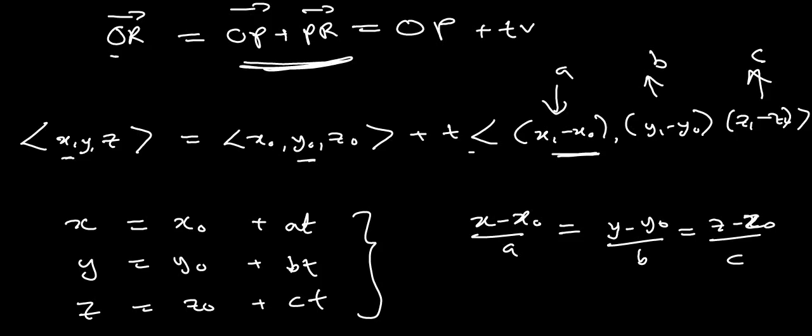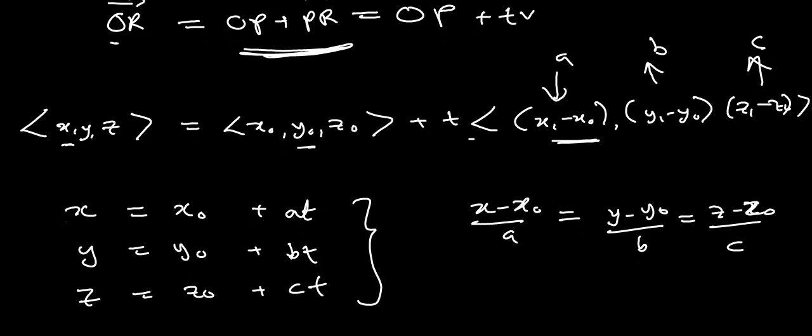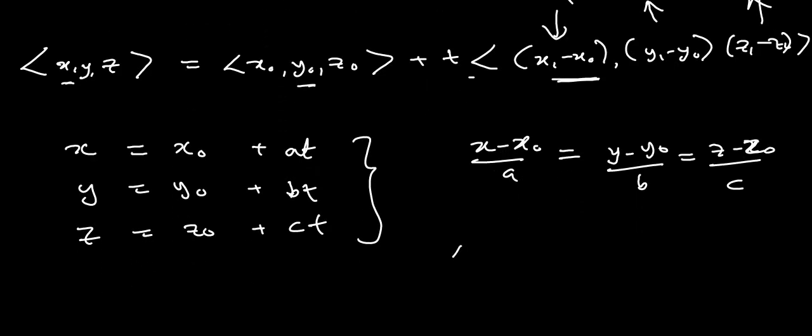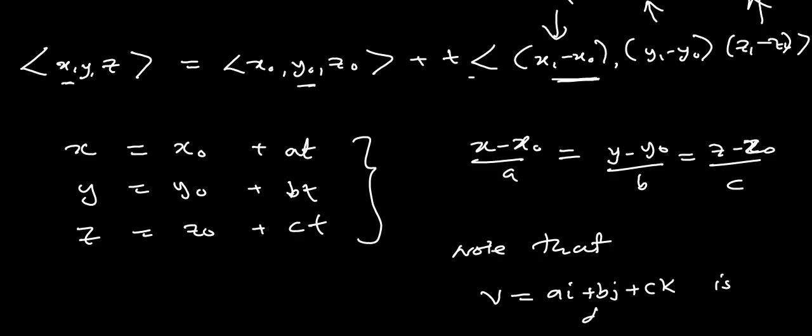So T is the same thing, because even here there's a T, even here there's a T. So no wonder we're equating all of them, because it's one letter, it's T. It has to be equal to each of these guys. So note that the vector v, the one that we got the a, the b, and the c, is the directional vector.